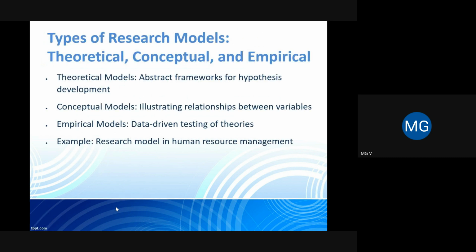Now, types of research models: theoretical, conceptual, and empirical. So let us explore this concept. Research models can be categorized into theoretical, conceptual, and empirical. Theoretical models provide abstract frameworks to explore the relationships between variables. Conceptual models visualize these relationships through structured diagrams.